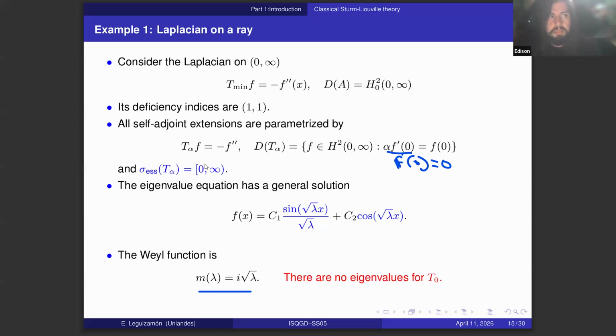It is known in these kinds of problems that embedded eigenvalues, I mean eigenvalues in the essential spectrum, are usually really difficult to find because they are really sensitive. But the Weyl function is a good tool to calculate them, though it's not the only one.